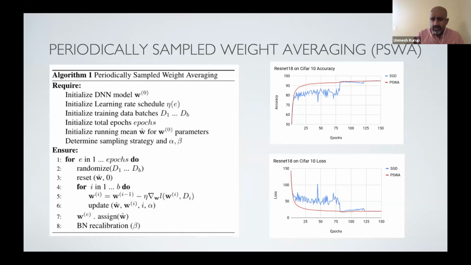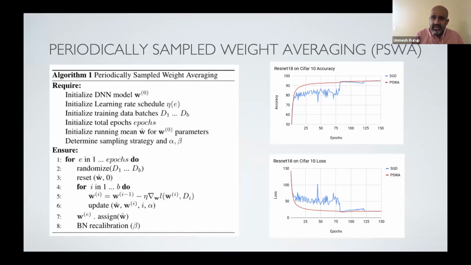This technique works really well, as you can see, but it has two drawbacks. The first one is that keeping an updated mean of the weights is expensive, because now you're doing this additional computation step for every batch for millions of parameters.